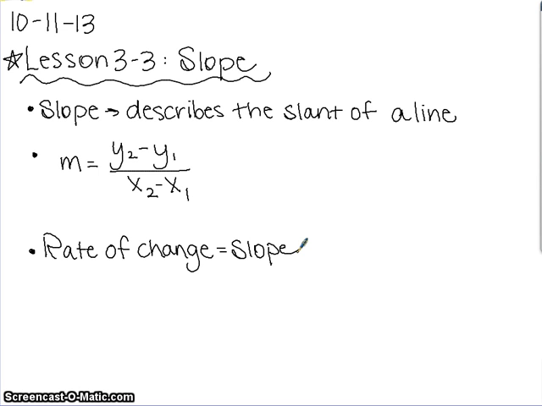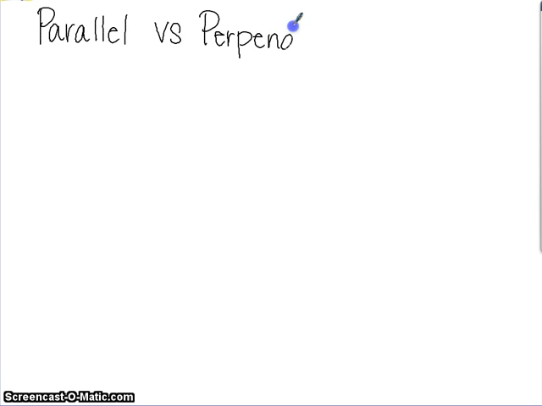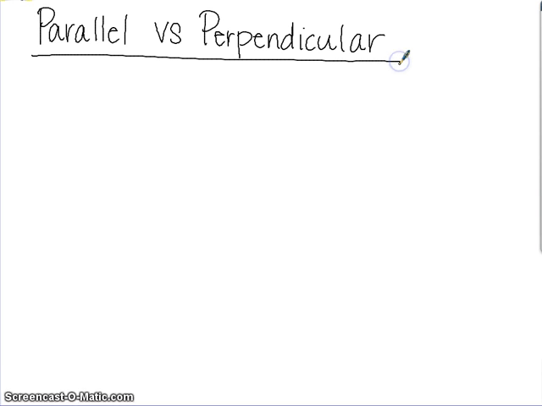Now, where we are going to head with this, and here's how it relates to what we've been doing, is when we talk about parallel versus perpendicular, because we've talked a lot about parallel lines, we've talked about perpendicular lines as well. Okay, so let's talk about how their slopes are related.